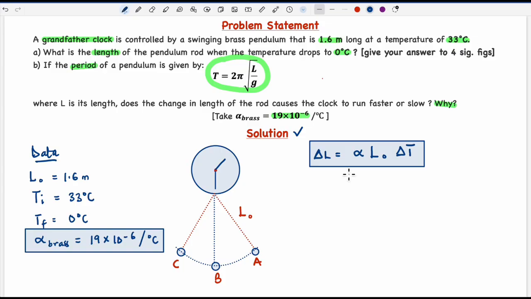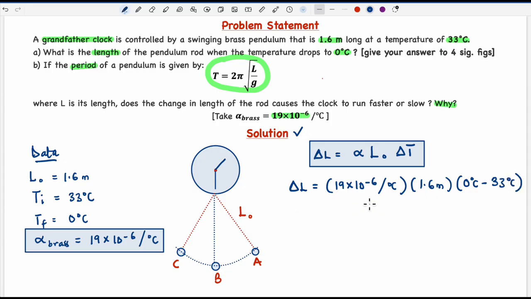First we need to plug in our values. So delta L is going to be alpha, 19 times 10 to the power minus 6 per degree Celsius, times L0, which is 1.6 meters, times the change in temperature, which is the final temperature minus the initial temperature. So the final temperature is 0 degrees Celsius minus the initial temperature, which is 33 degrees Celsius.